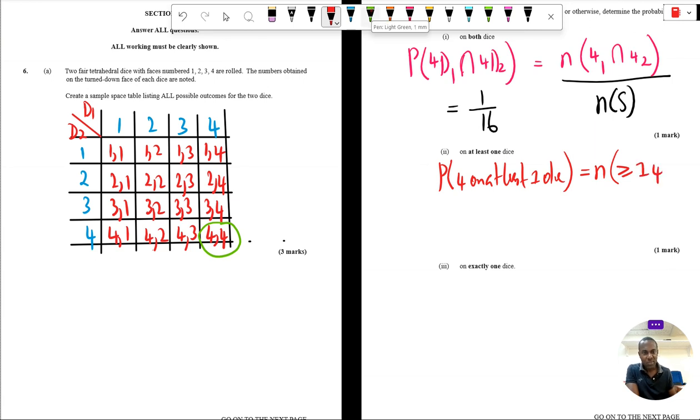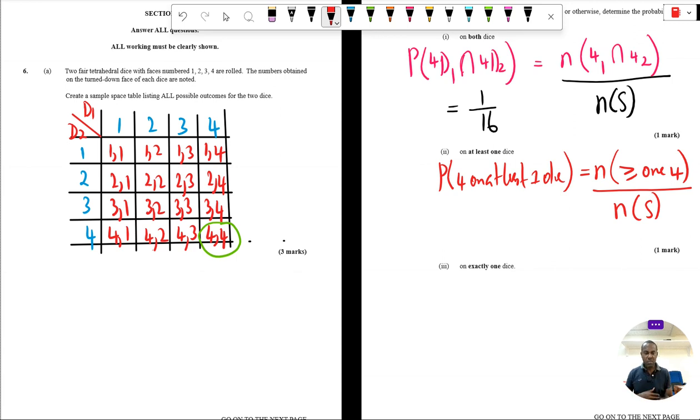Let me rephrase this. So the number of outcomes where we have at least one 4. So let's write it like that. So the number of outcomes where we have greater than or equal to 1 four, divided by the total number of possible outcomes in the sample space.